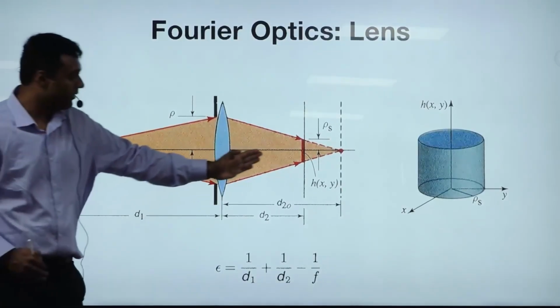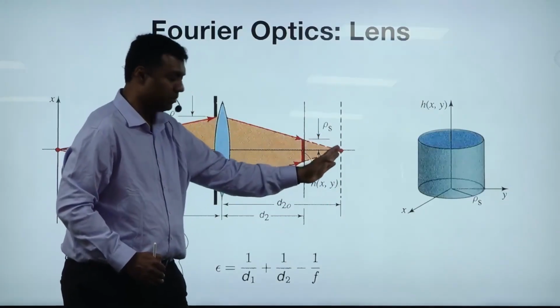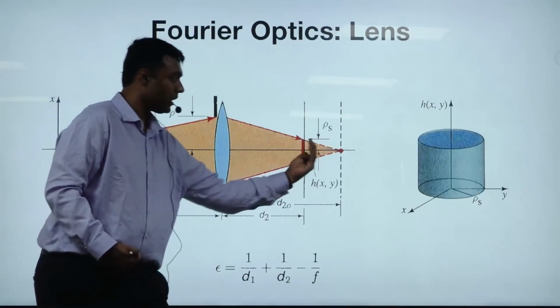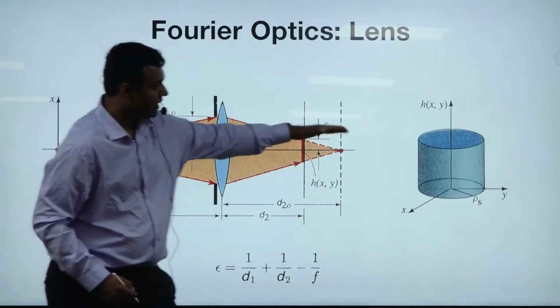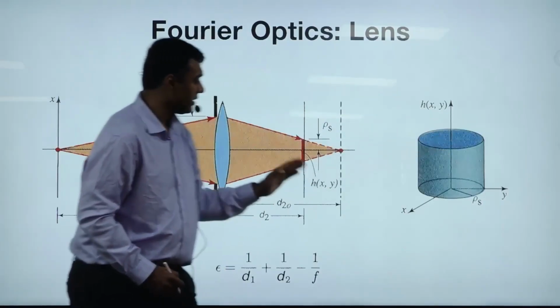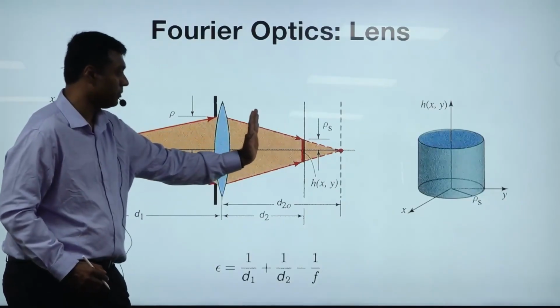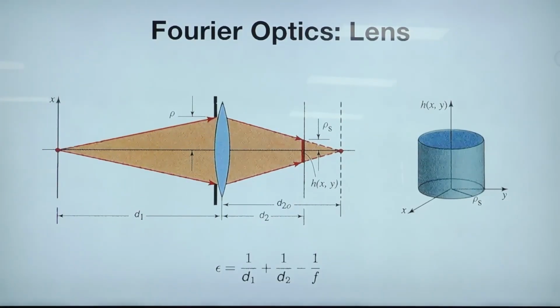Then what do you see? If you are at this point, which is the image plane, then you see a dot in the ray picture of light. But if you move the screen closer here, what you see is basically a circle. So if you take a cross section, it looks something like this. There's a circle, and the circle becomes bigger and bigger as you come closer. That's the intuitive picture you have if you use ray optics of light to understand this.